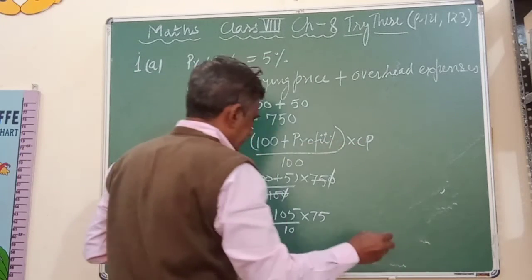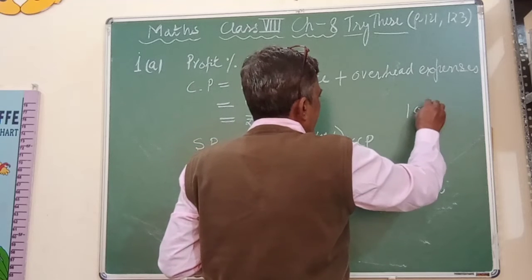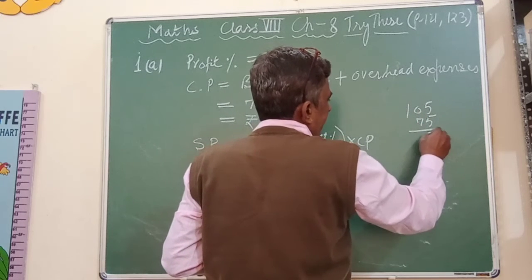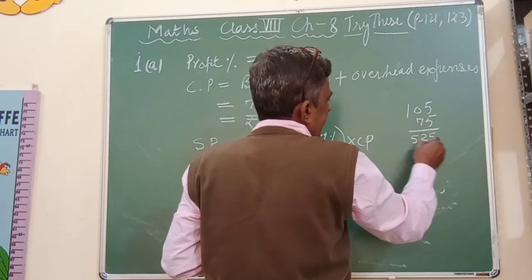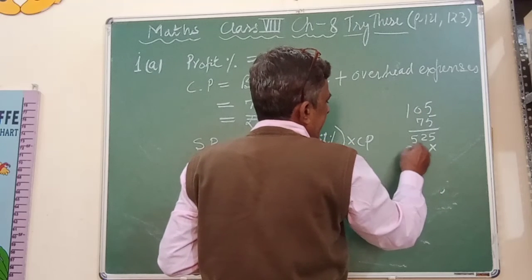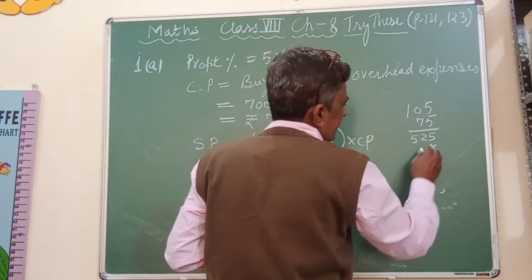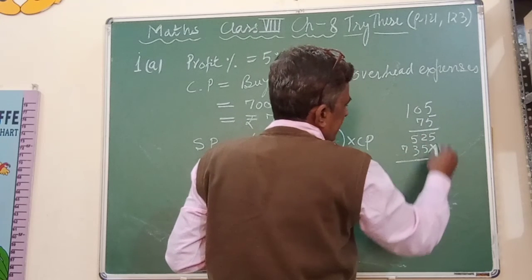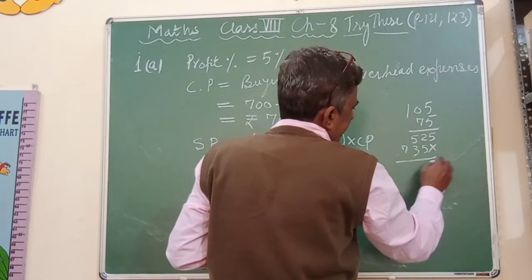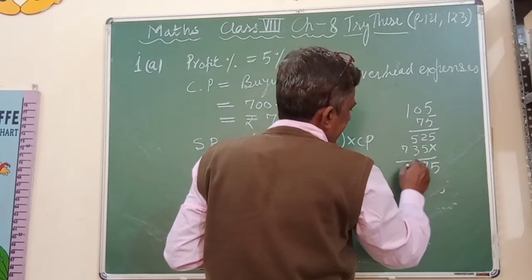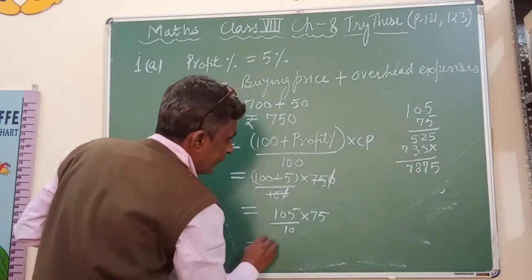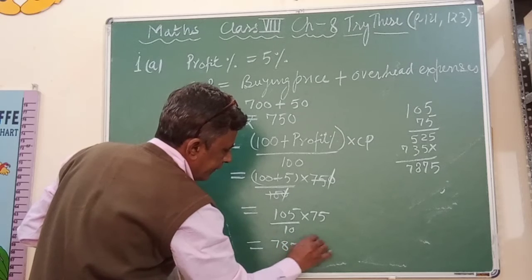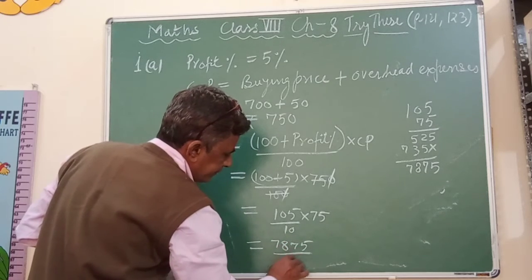105 into 75. 5 fives are 25, 5 threes are 15, 5 sevens are 35, we get 7875 divided by 10.